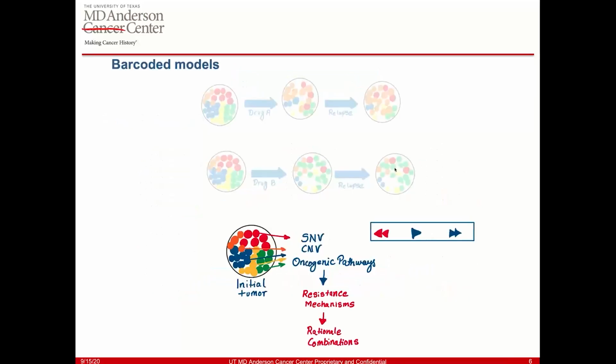And not just that, imagine you could go back in time and isolate some of these specific lineages and understand their somatic variations, copy number variation, perform transcriptional analysis to understand the oncogenic pathway, and also further elucidate the resistance mechanisms and possible rational therapies.